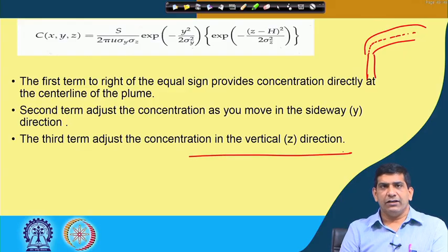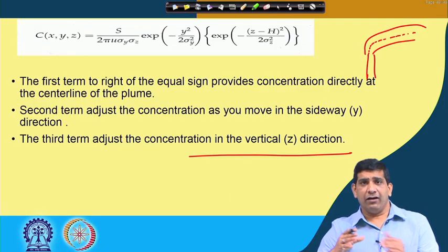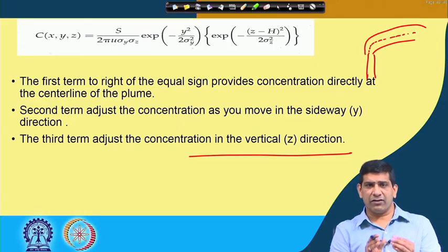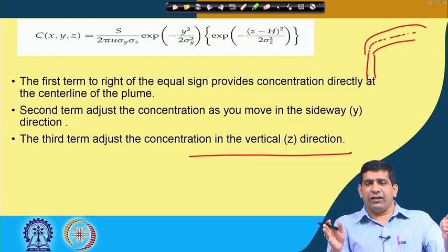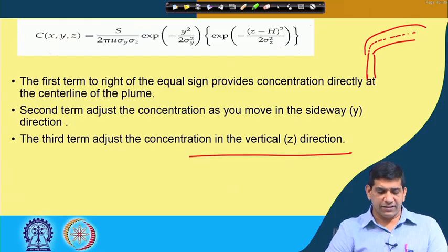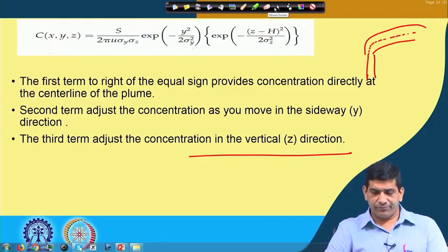There is dispersion happening in the other 2 directions, so it's a movement in essentially 3 directions, x, y, and z. So, you have what is happening at the center of the plume, and with respect to that we also have the dispersion of the air pollutant in different directions. Those are taken into account in this particular equation.